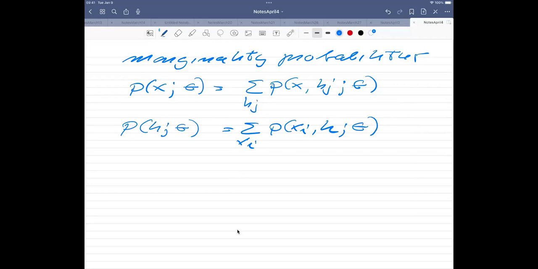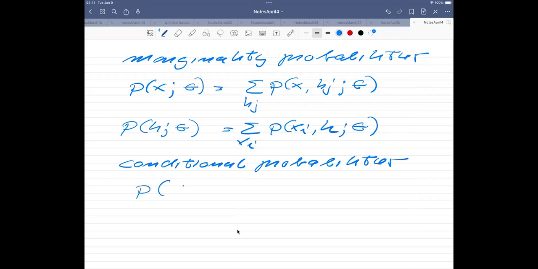And then we also have something which is called the conditional probabilities. So let me just list them. And the conditional probabilities are then given as x as a function of a given h. So this bar means that what is the probability of x given h? And since we are carrying with us all these parameters, we need to have that one as well.